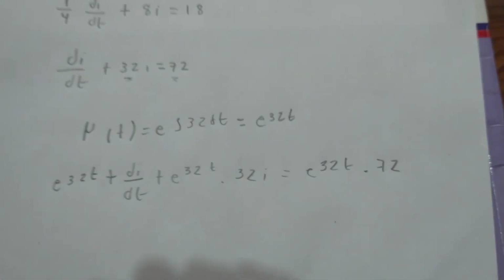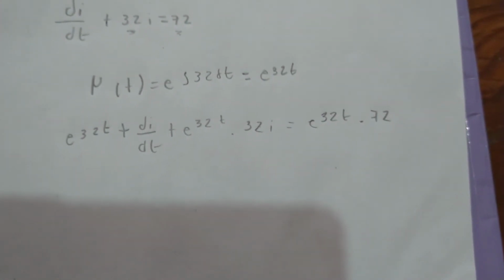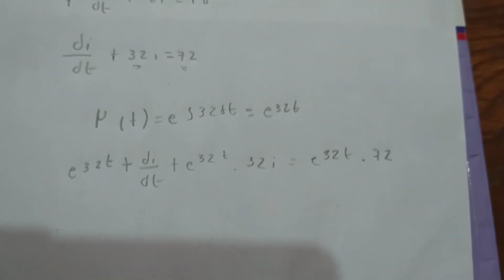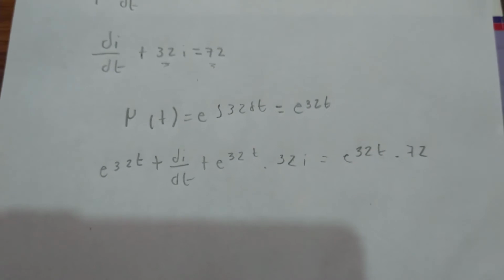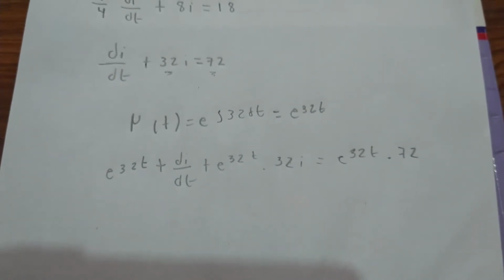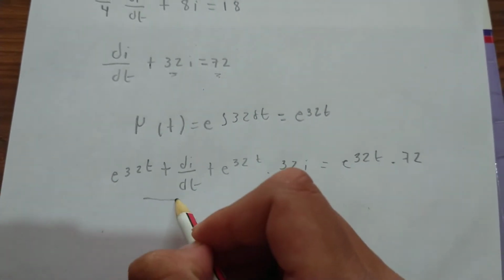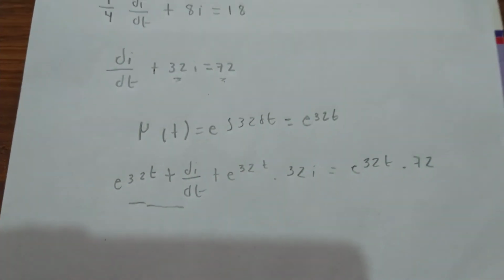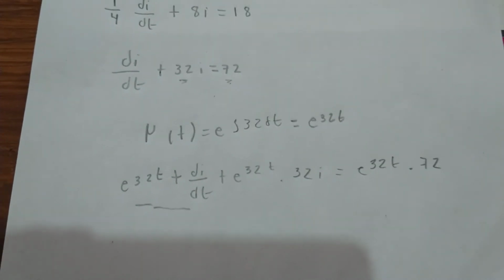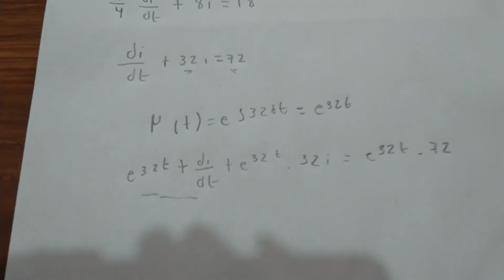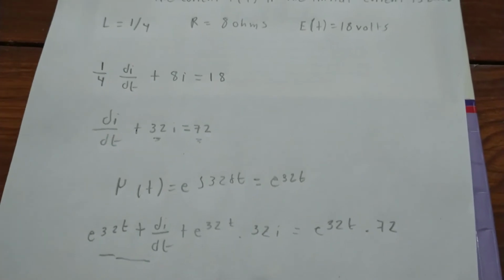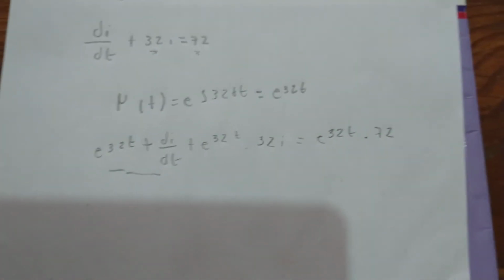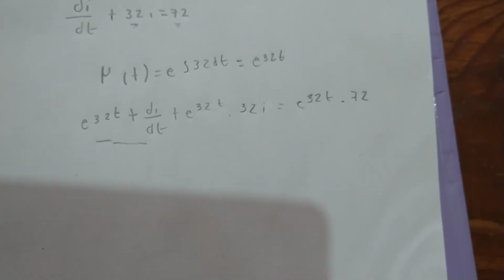Remember, when solving a differential equation using this method, the left side of the equation is always going to equal the derivative of the product of the integrating factor and our function i of t.